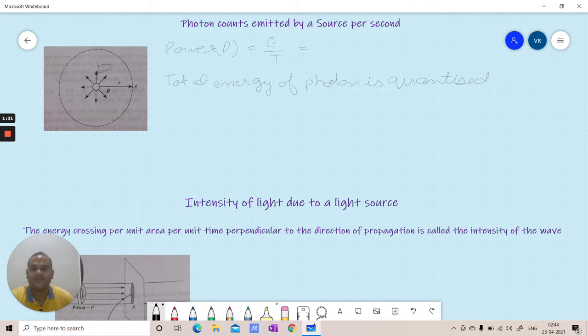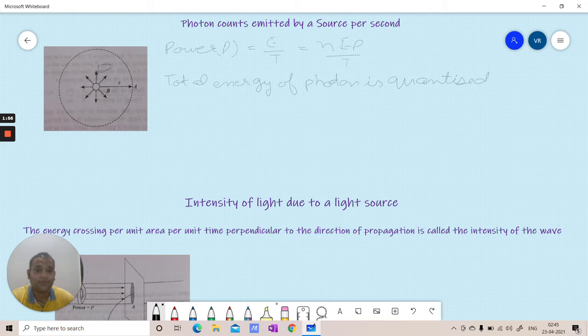That every one photon will have the same energy. So if there are n number of photons, energy will be n into energy of one photon. So here we'll write n into energy of one photon divided by time. Now it is per second, so time is 1. So n into energy of one photon, which is coming in 1 second. Okay, so that is power.